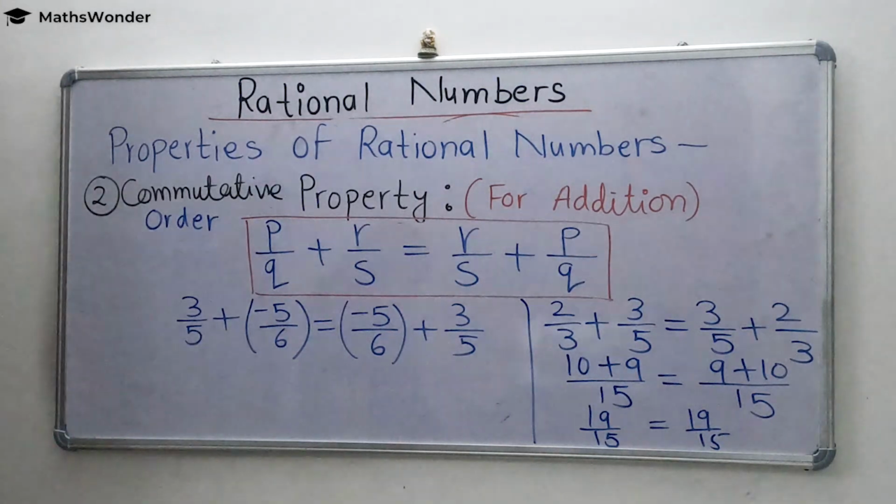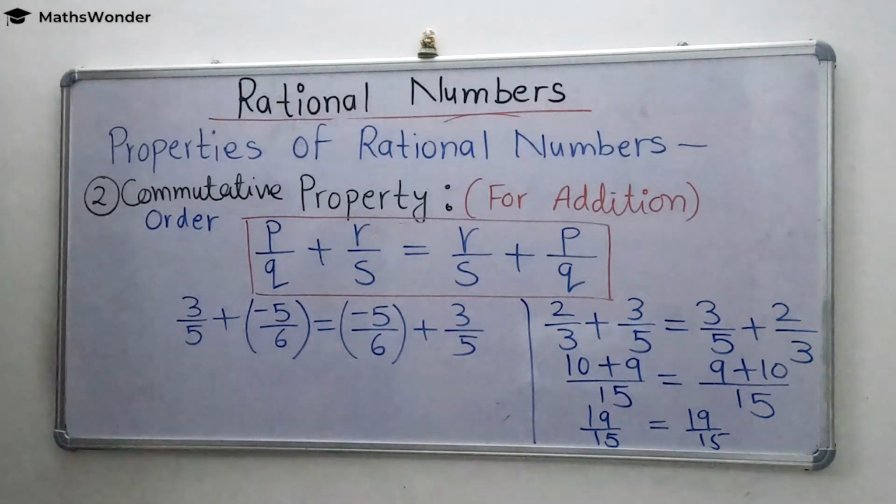Eighty plus negative 45. What will that be? 8, 9, 10, 11, 12, 13, 14, 15. It's negative 7 over 30.